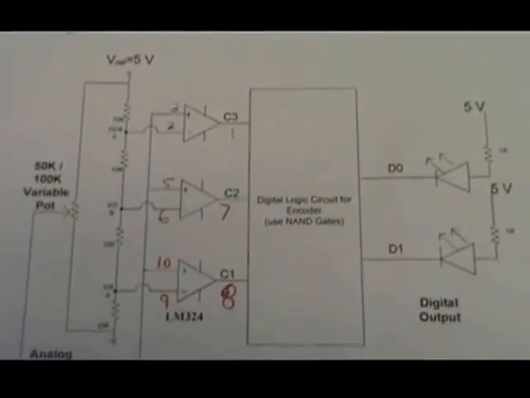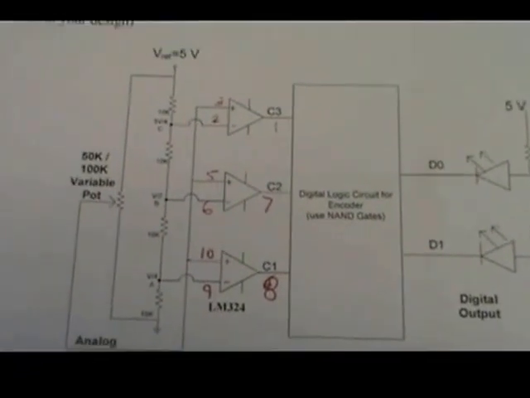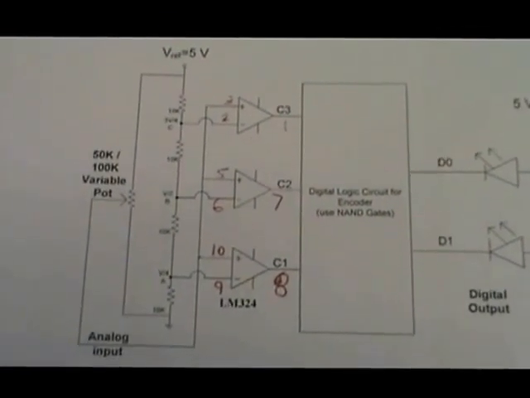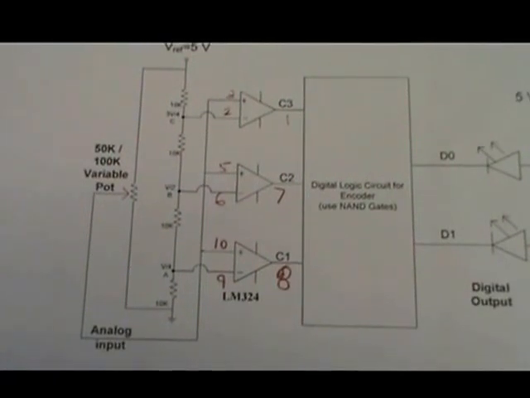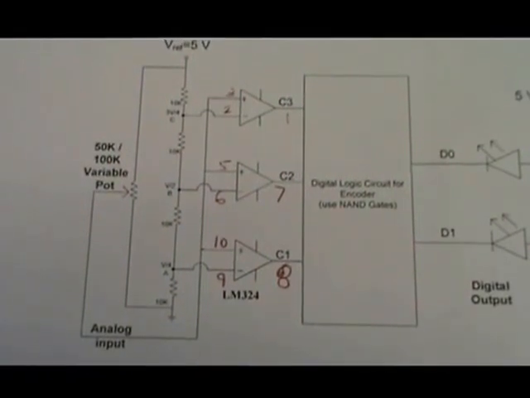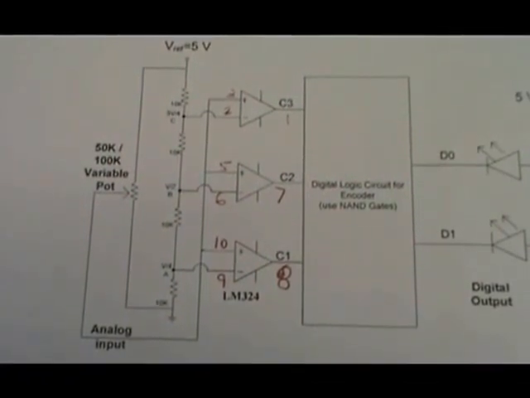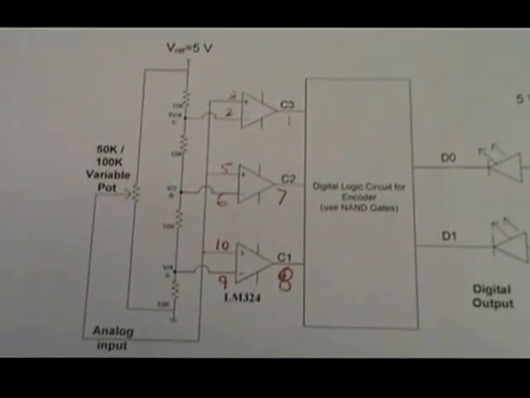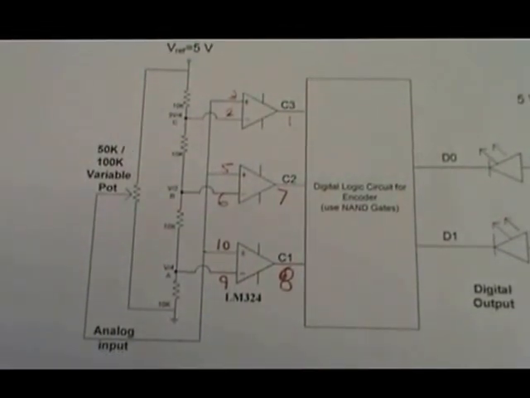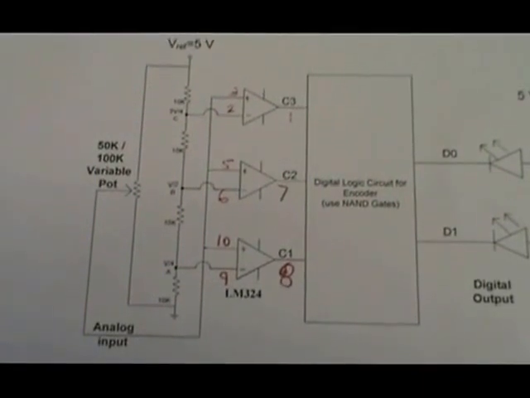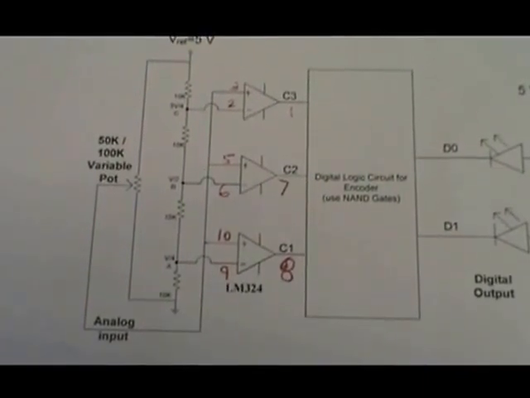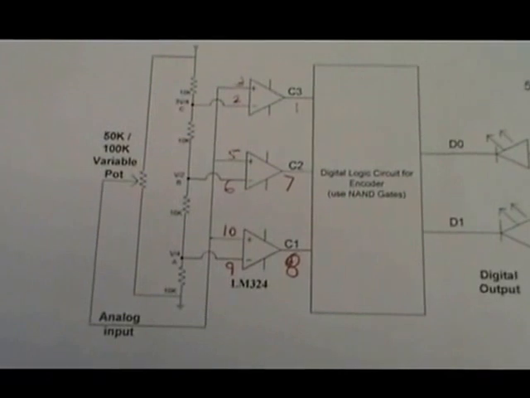Now build the circuits for the 2-bit flash A to D converter. As we discussed in class, we need 3 op-amps to build a 2-bit flash ADC, 2 raised to 2 minus 1, so it will be 4 minus 1 equal to 3.